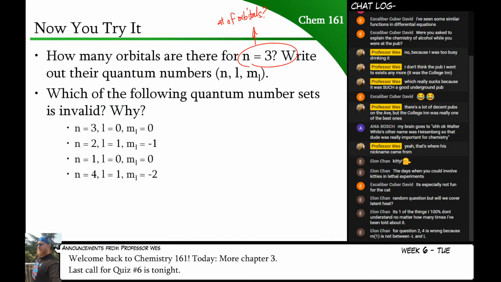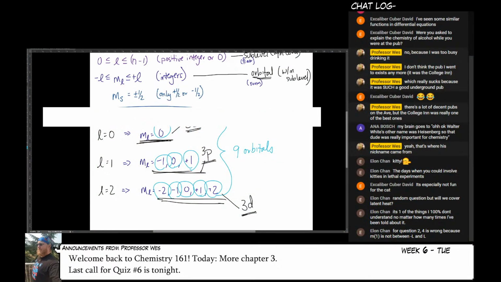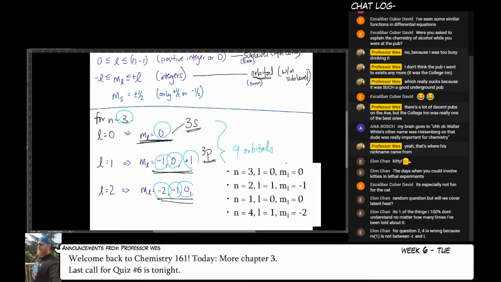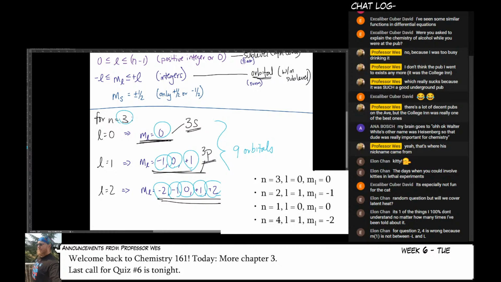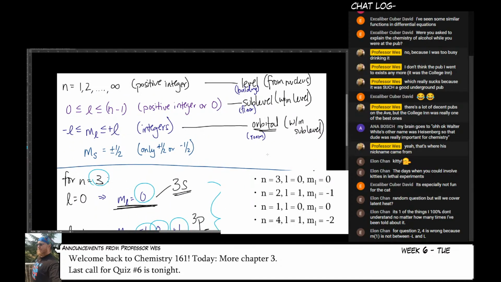If we go back here, we just put these on the board here. One of these breaks the rules. So if I scroll up here to get the rules back on the screen, which one breaks the rules? And it turns out that the only one that breaks the rules occurs here.